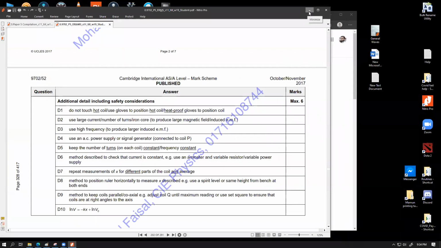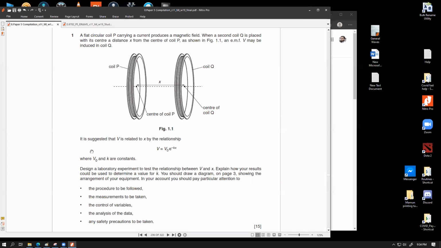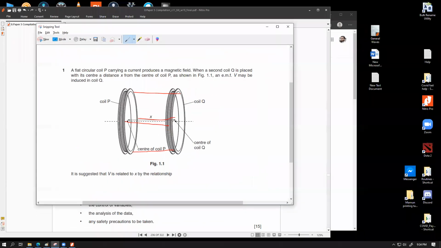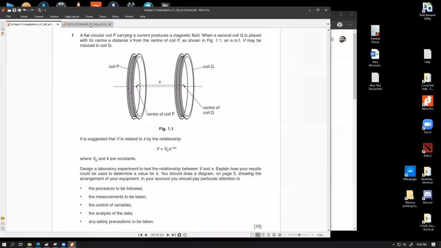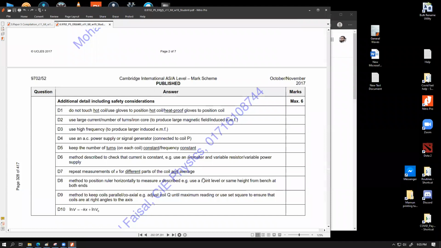But if you really want to place a meter rule exactly through the middle, then you would have to have some support mechanisms over here, and you can place the meter rule over here, and you should place a spirit level on top of the meter rule to make sure that the meter rule is horizontal as well. Why bring these steps? I mean, this is unnecessary, but okay, if someone thinks in that manner, why not? They should get this additional mark as well, be my guest.